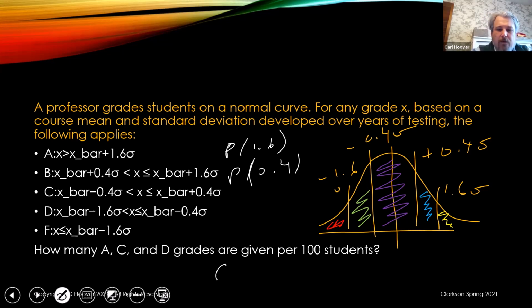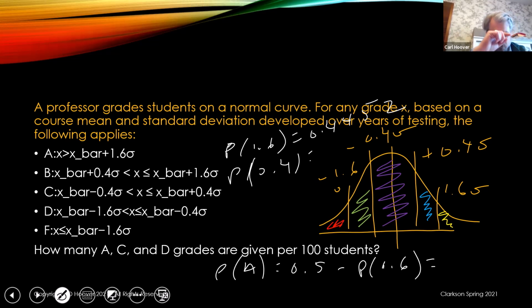So probability of A is 0.5 minus probability of 1.6, okay. Which, if we look that up, we're going to use the Z table, 4.3, and probability of 1.6 is 0.4452. So this is 0.4452.